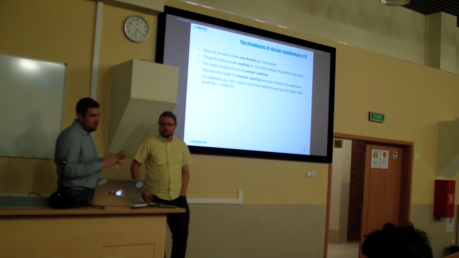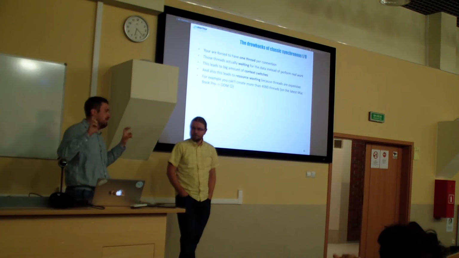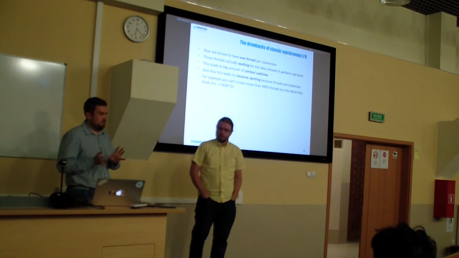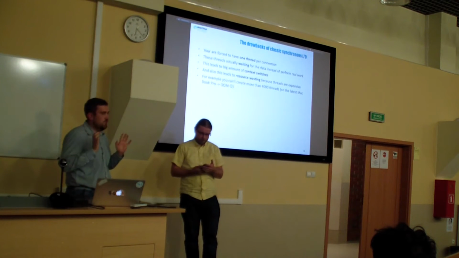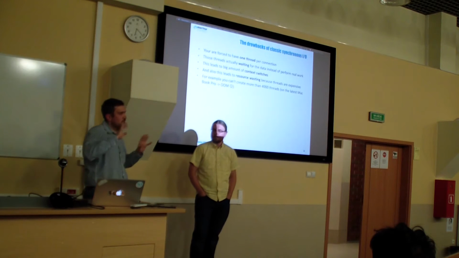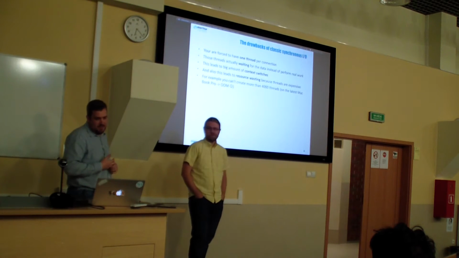So what are the drawbacks of classic blocking I/O? You are forced to have one thread per connection. Those threads are actually waiting for some external computation or some external data to synchronize and to produce some result.